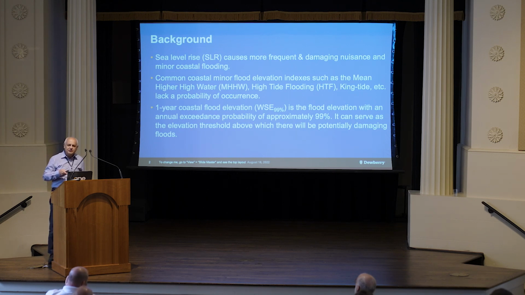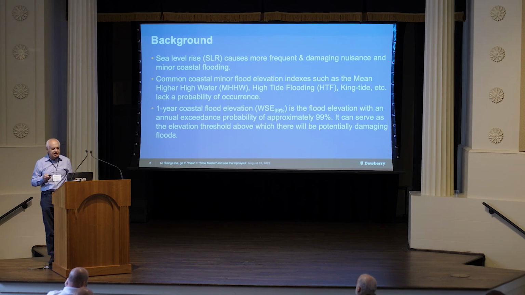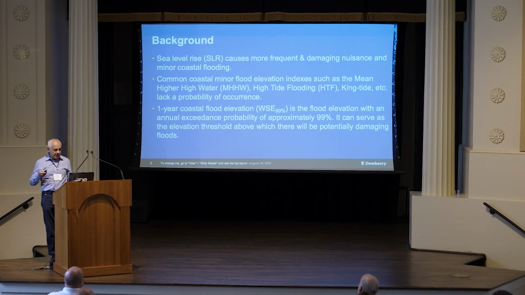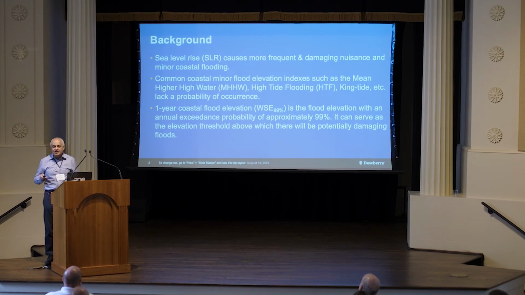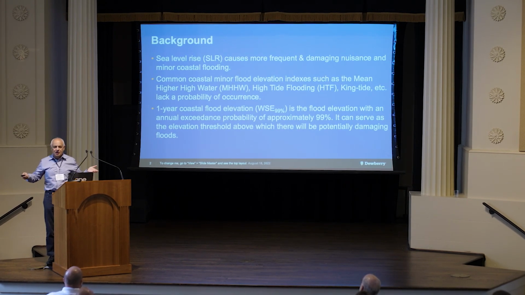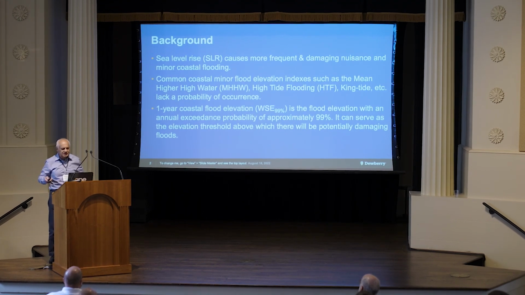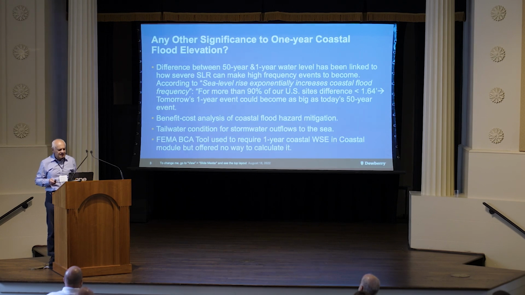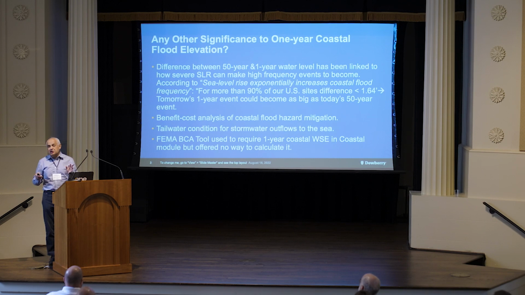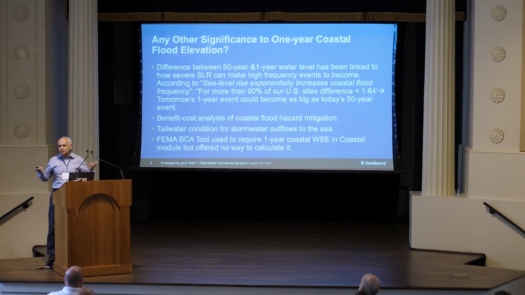On the other hand, if you talk about the one-year coastal flooding, which is, in my view, the water surface elevation that has an annual exceedance probability of 99%, that's the flooding elevation which you can really identify with a given probability of occurrence every year. Now, the one-year flooding is what I call the annual flood at coastal areas.